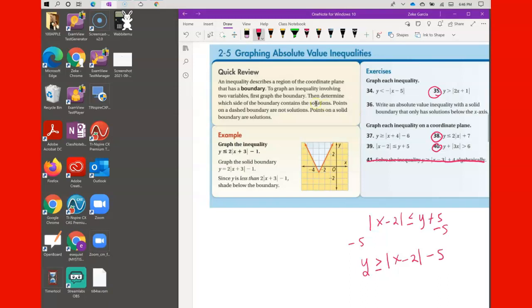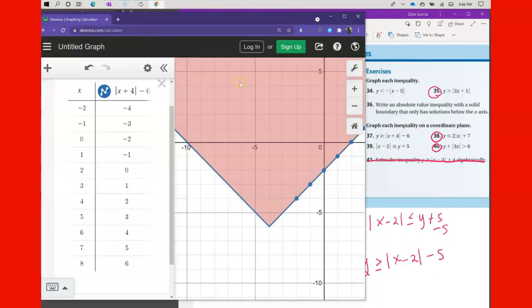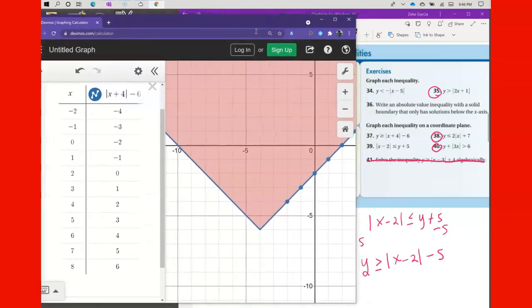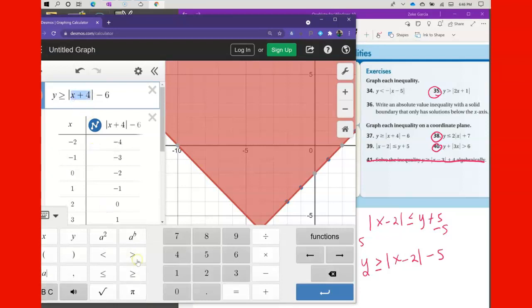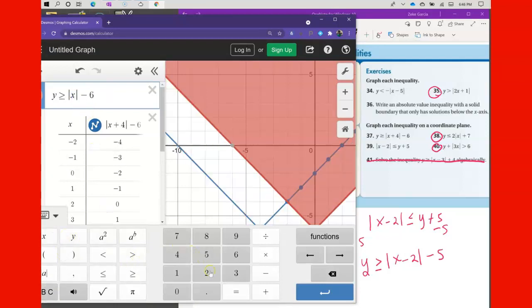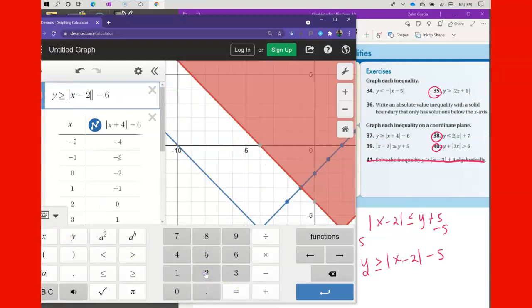So let's go ahead and look at Desmos so we can verify that. I'm going to move this just a little bit to the left, and I'm going to look at the inequality again. We have y is greater than or equal to, we have x minus 2.